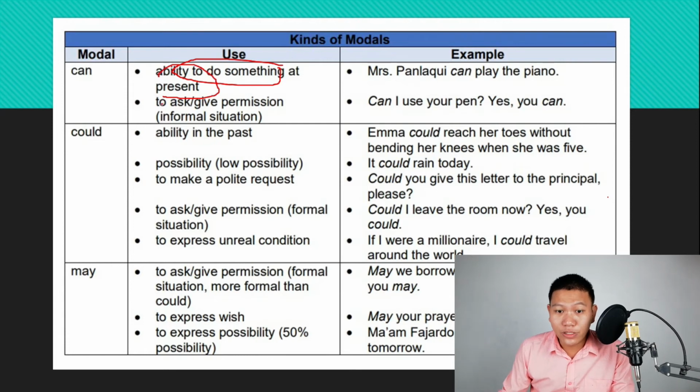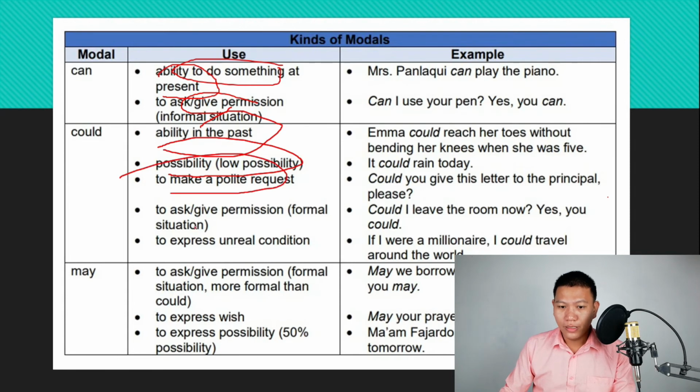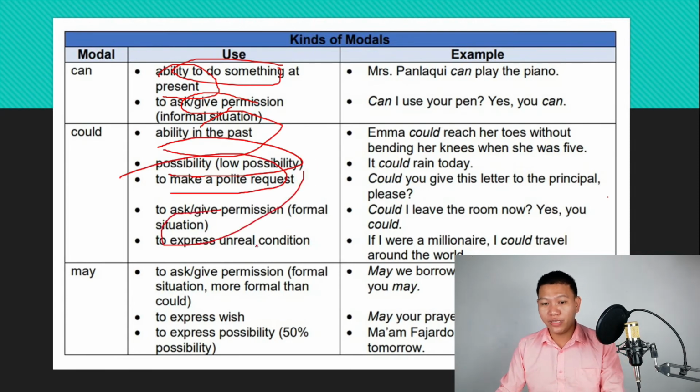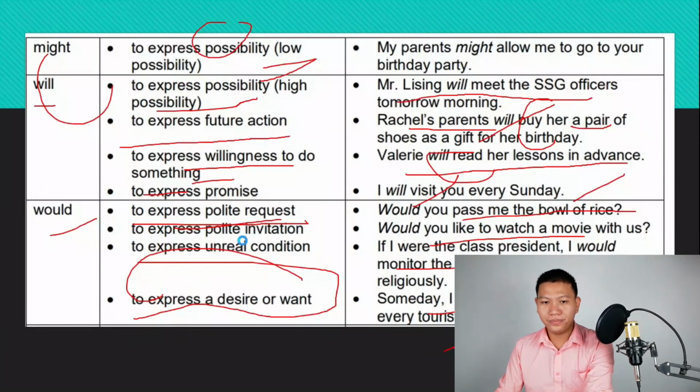And then to ask permission in an informal situation. On the other hand, ability in the past, could. Low possibility, could. To make a polite request, could. To ask or give permission in a more formal situation is could. And to express unreal condition is could.